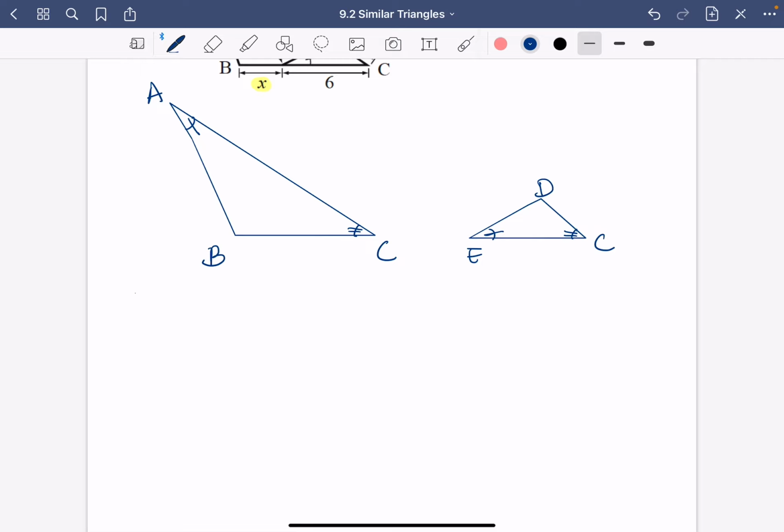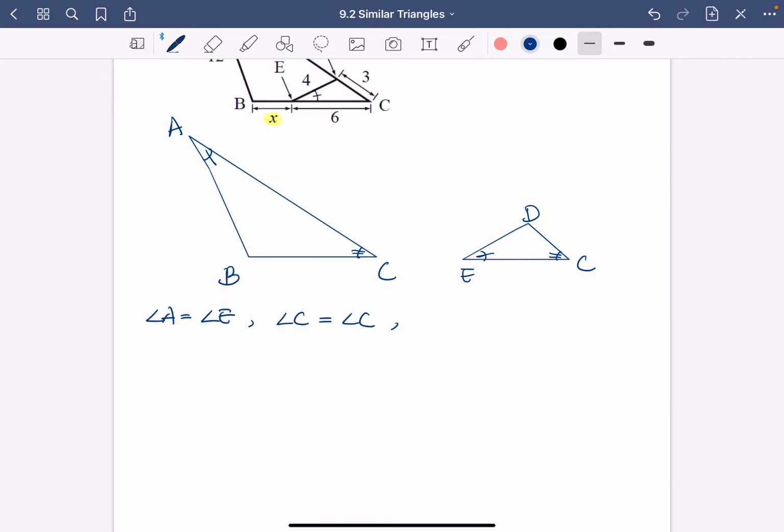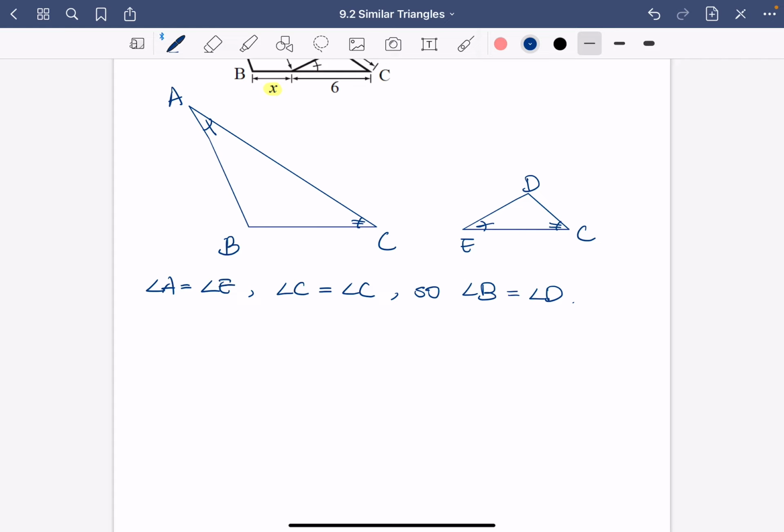Okay, so since angle A is equal to angle E, that's from the question, and angle C is equal to angle C because they share the same angle, angle B is equal to angle D. Okay, and therefore triangle ABC is similar to triangle EDC.